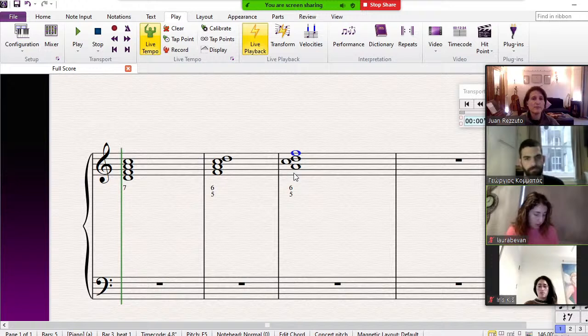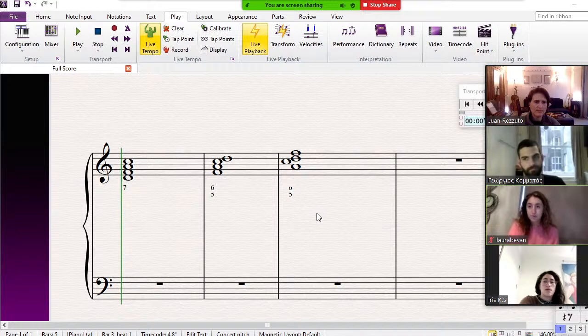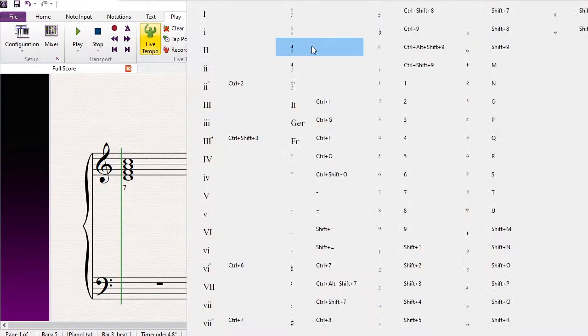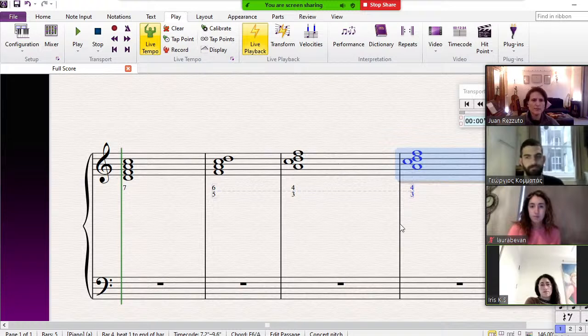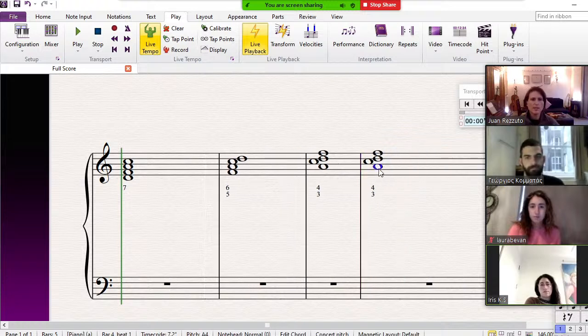Now, the second inversion. Iris, do you remember the figure bass of the second inversion? 4-3. Amazing. Last one. If the seventh is on the bass, which inversion do we have?